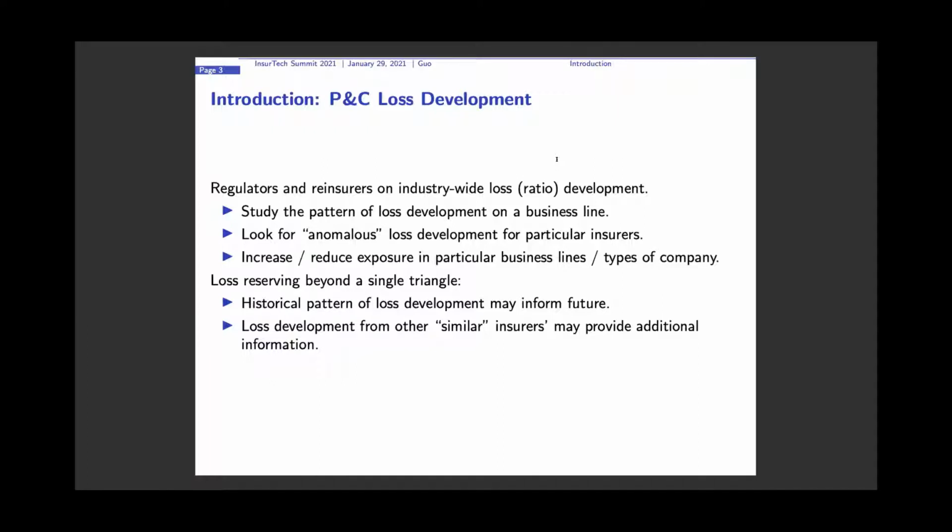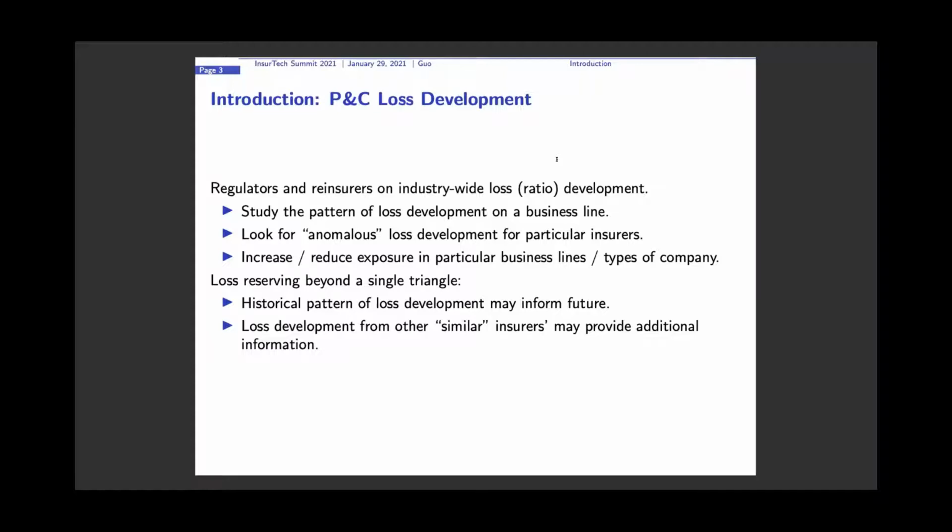So the regulators, the reinsurers, and the insurance-linked securities investors might be interested in industry-wide loss development or loss ratio development. They might be interested in studying the pattern of loss development over a business line, looking at the curve across each accident year. On top of that, they may look for any anomalous loss development for a particular insurer.